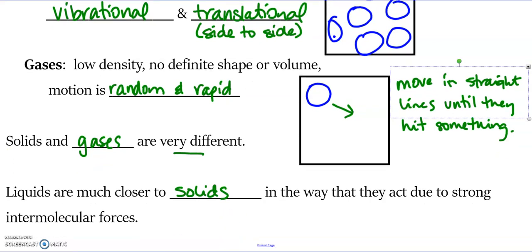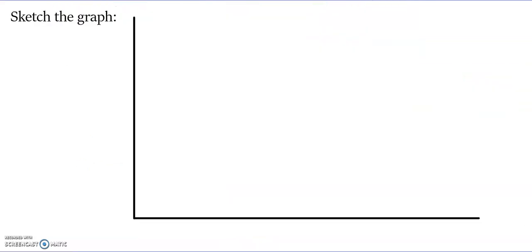Okay, so let's talk about a graph related to, let's do temperature on our y-axis, and let's do energy down here, and I'm going to do time/energy because it would work with both.